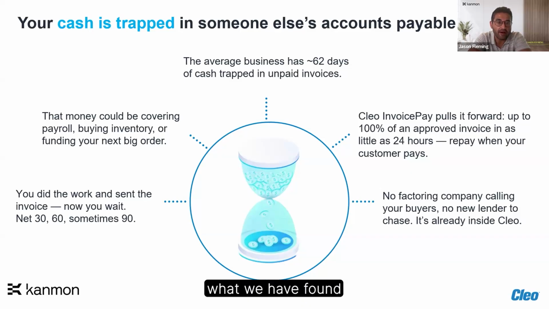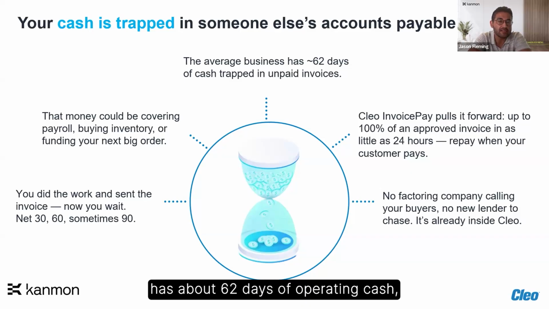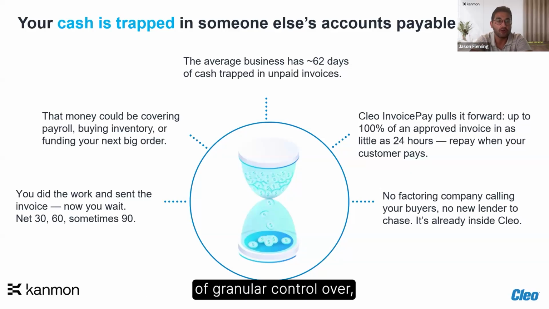On average, what we have found is that the average business has about 62 days of operating cash trapped in unpaid invoices. And what Cleo InvoicePay does is simply pull that forward, up to 100% of an approved invoice, in as little as 24 hours. And you repay when your customer pays. And you're able to have a lot of granular control over when you pay back to ensure that you have the optimum levels of working capital working inside of your business.